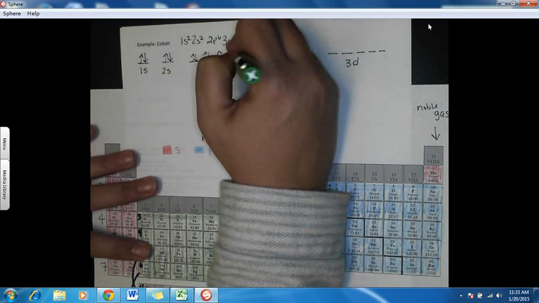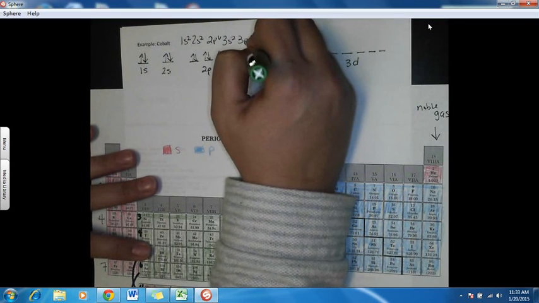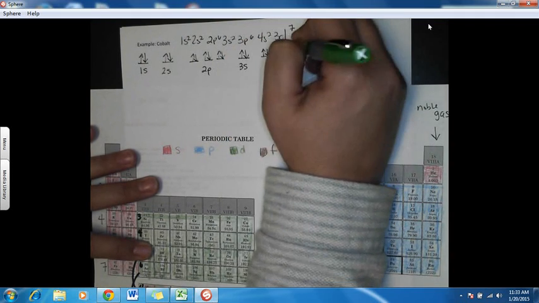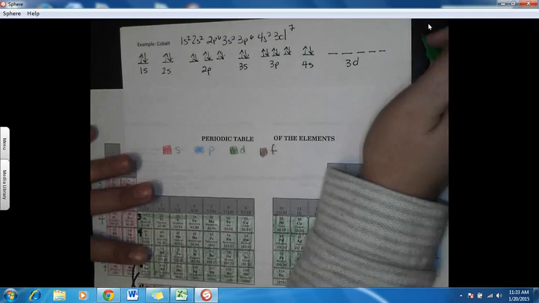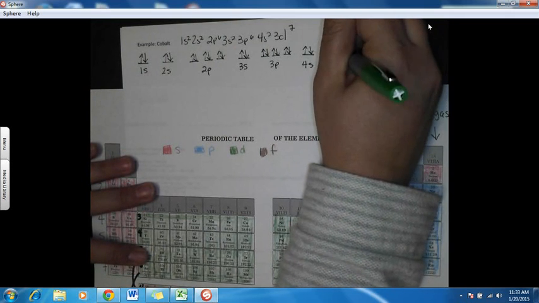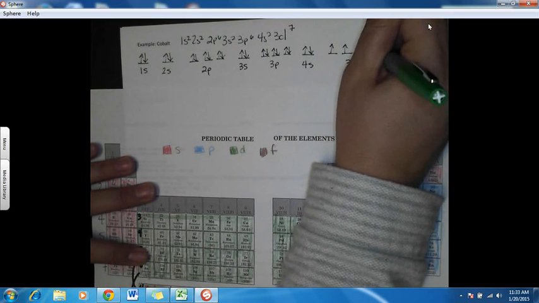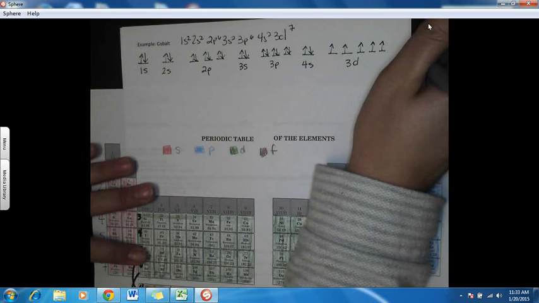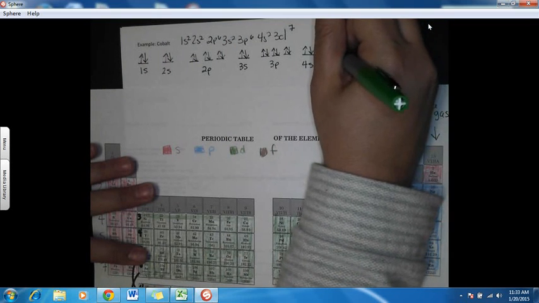Then we have 3s, and then we have our 3p. They're all filled in, and then our 4s. But then we come to our 3d, which is not completely full. So according to Hund's rule, we have to put 1 electron with the same spin in each orbital, and that's 5, and then we can come back and double 6 and 7.